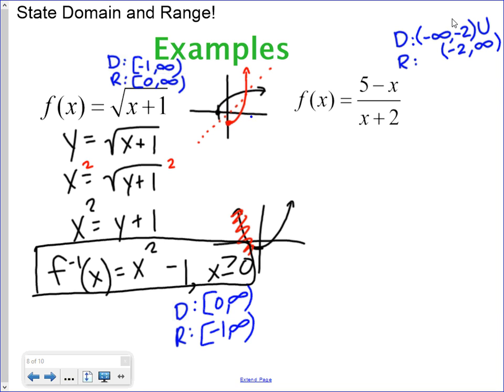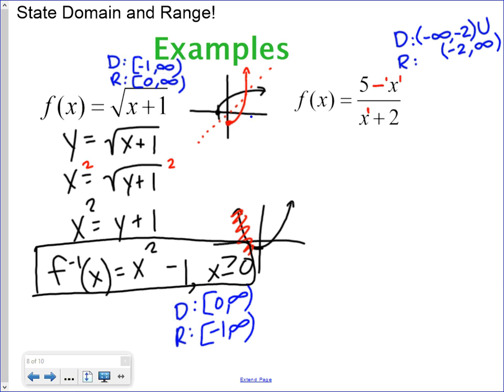For range, you're restricted by your horizontal asymptote because that's a y equals line. And to figure out your horizontal asymptote, you have to compare the degrees of the numerator and the denominator. So the degree of the numerator, the highest exponent is 1. The degree of the denominator is also 1. And when they're equal, the horizontal asymptote is the ratio of their leading coefficients.